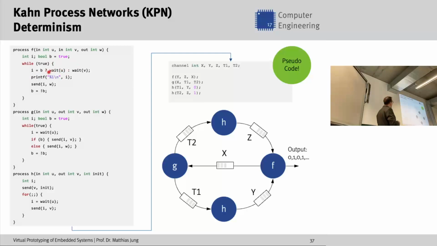So that means wait u, and u is y. So we will wait here in F until we have at least one element in that queue, and when we have it, we unblock and continue the execution, and then we consume this element, and the data of the element is stored in I, and then we print that.